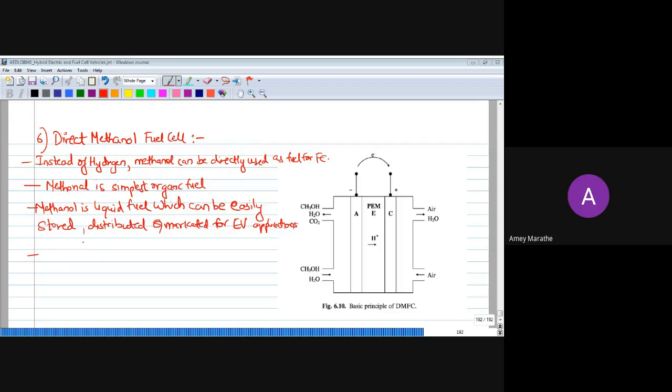Here, let us write down, since we are talking about the anode and the cathode and the type of electrolyte.